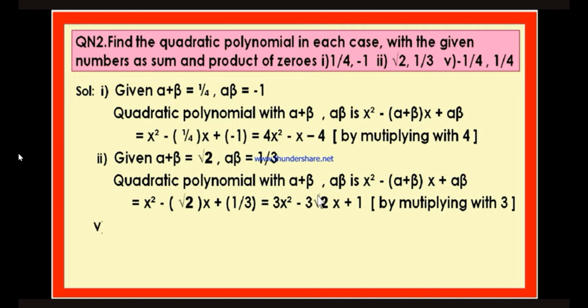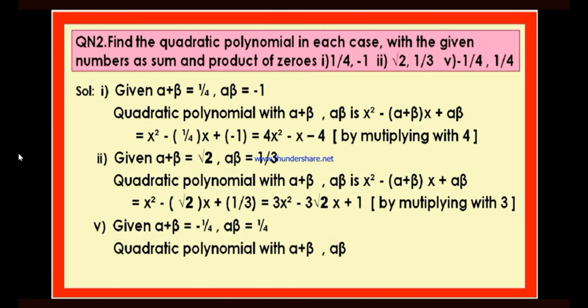Now look at the fifth bit. It is given that alpha plus beta is minus 1 by 4 and alpha into beta is plus 1 by 4. Again we have given the sum of the zeros and the product of the zeros. Then the quadratic polynomial is x squared minus (alpha plus beta) into x plus alpha into beta.